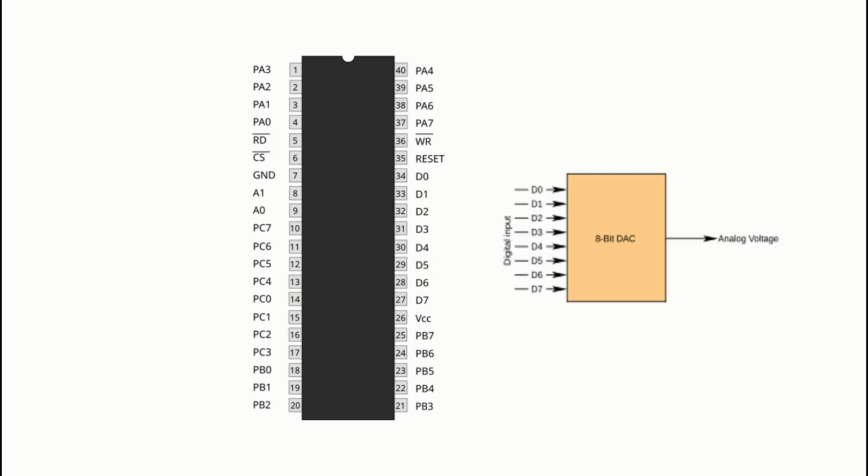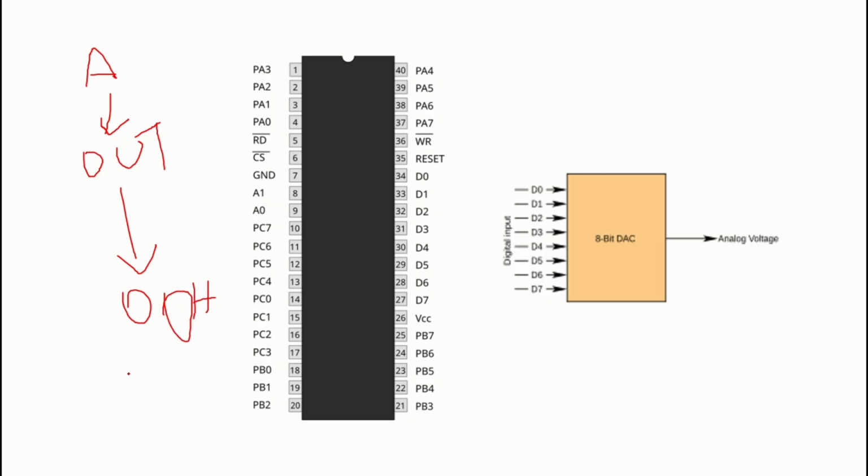So what actually happens is the 8085 executes an instruction and loads a digital value into the accumulator, and then from the accumulator it is sent to the 8255 using the OUT instruction, as we saw earlier. Then this data travels through the data bus and reaches port A, which is 00H.